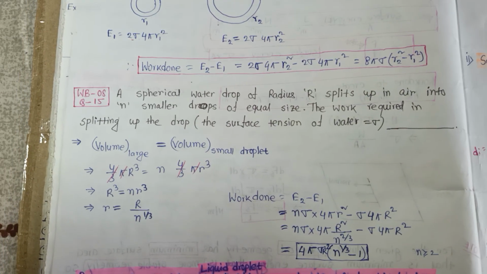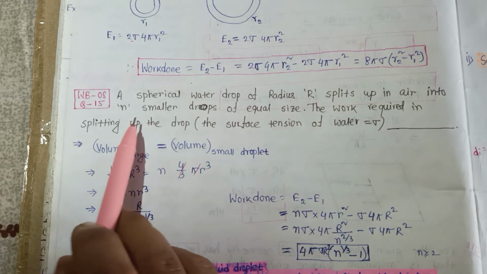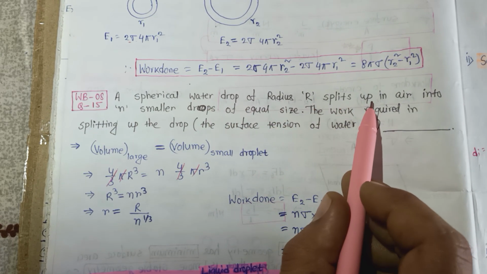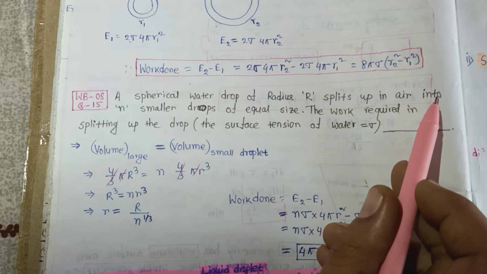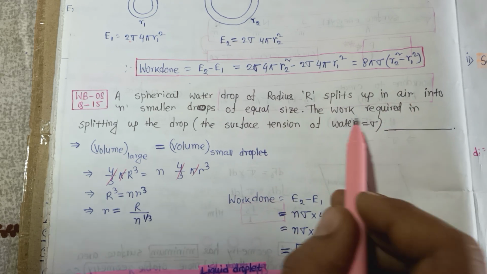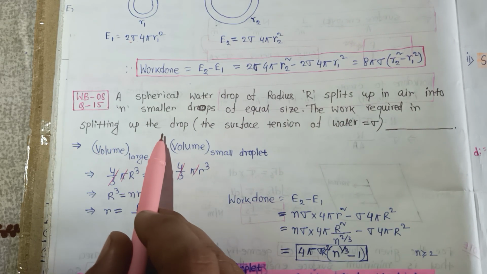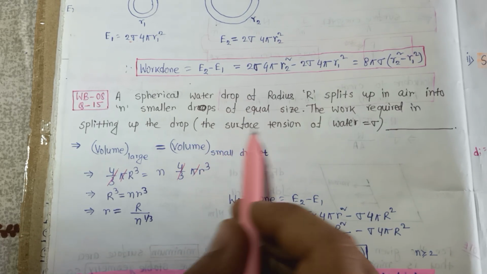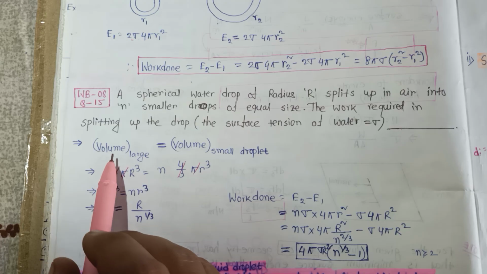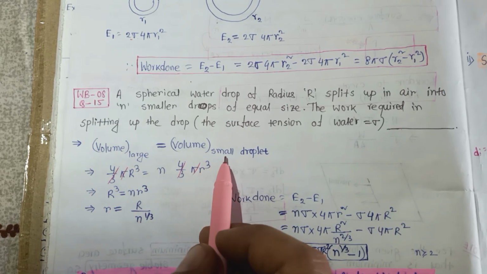Now try to understand one question. This is also important. A spherical water drop of radius R splits up in air into n smaller drops of equal size. The work required in splitting up the drop, you have to calculate the work done. Here in the question, it is given that the volume of the large sphere is equal to n times the small volume.